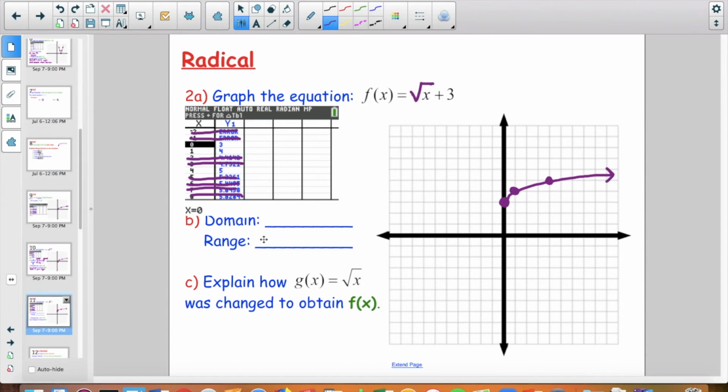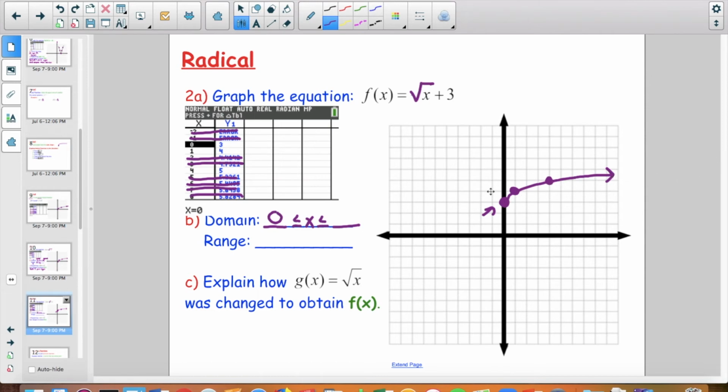So let's find the domain and the range. The domain are your x values, remember. So some number less than or equal to x, less than or equal to some number. The leftmost point is this point right here. It's the one all the way to the left. And the x value at that point is 0. So our domain starts at 0. And it's going to keep going and going and going.